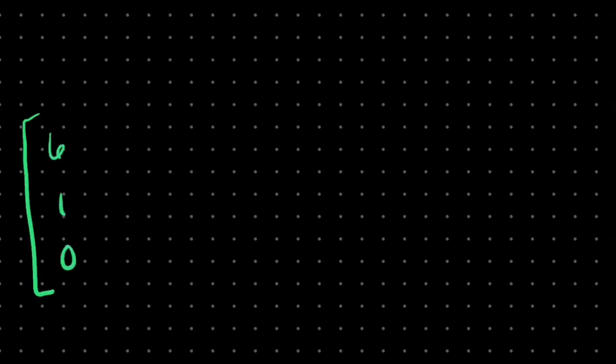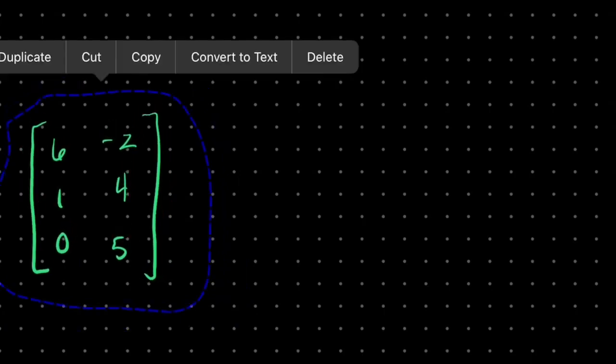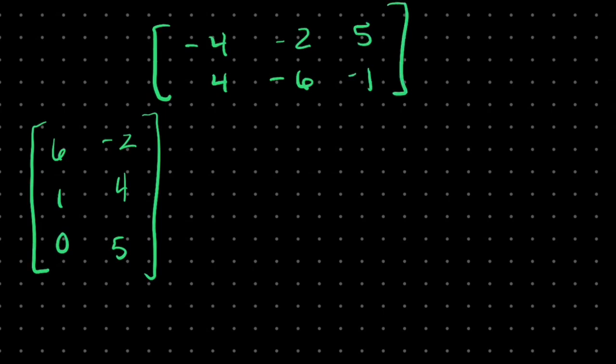Okay, remember with matrix multiplication, you can't just switch the order, right? You have to keep it in the order. So she puts her first matrix here, and I'm going to make it just a little smaller so we can fit. And then her second matrix, she puts right above it. And then the resulting matrix goes right here.